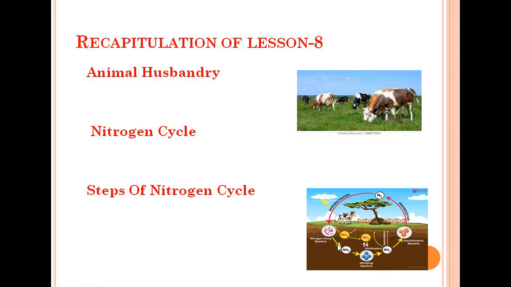Then it is converted into different nitrogenous compounds, either ammonia, nitrate or nitrite, and after that these are taken up by plants and animals. When these plants and animals die, they are decomposed by decomposers into inorganic nutrients, and again the nitrogen is released into the atmosphere. So these are the steps of the nitrogen cycle.